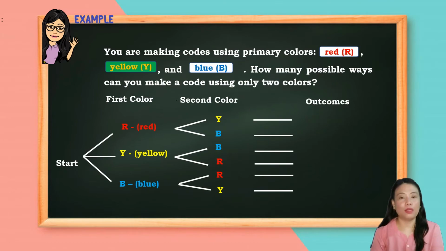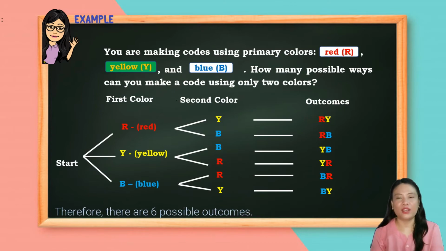So, the possible outcomes are RY, RB, YB, YR, BR, and BY. Take note that since these are codes, RY is different from YR. Counting the outcomes, therefore, there are 6 possible outcomes.